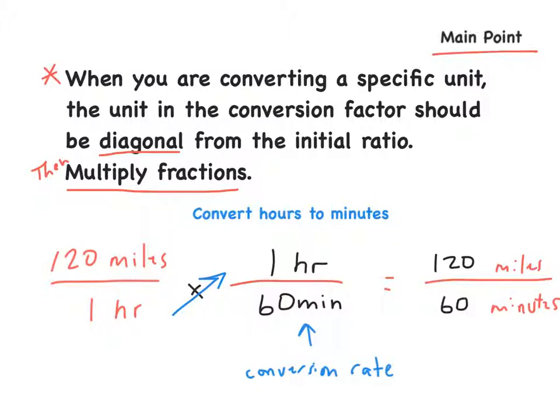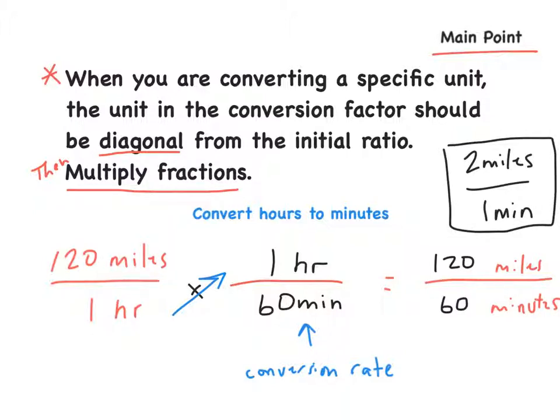So what we would have is 120 miles per 60 minutes. But we need to simplify this. We can divide both 120 and 60 by 60. So, when we do this, our answer is we would go 2 miles per 1 minute. This is what our final answer would be.